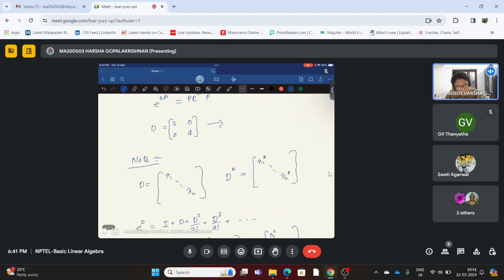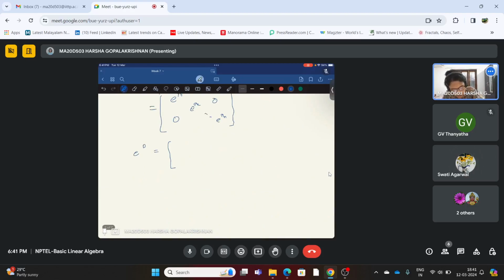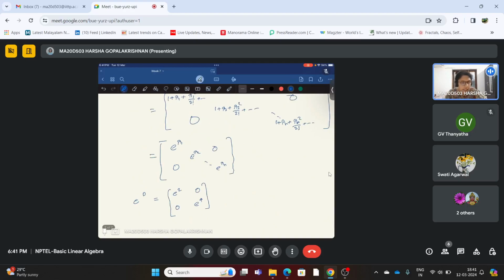What was D? D was diag(2, 4). So e power D should be e power 2, 0, 0, e power 4. That is what we have done in the general case. Is that clear, everyone? We have just put the lambda on the exponents.